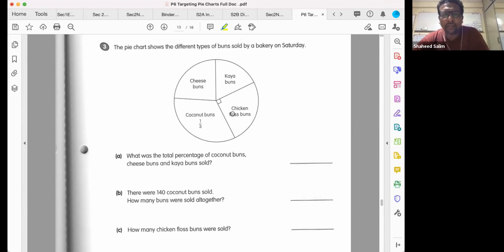Oh, floss, yeah. Okay, floss bun, that means there's floss inside the bun. You all should know.